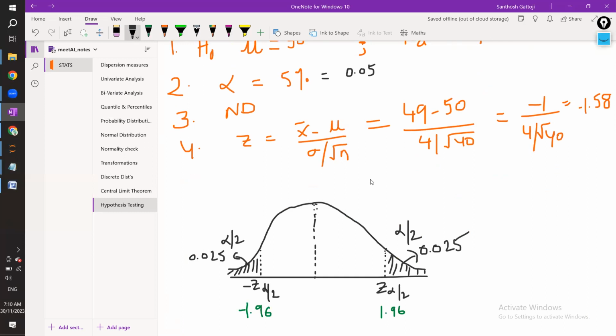Now, from our distribution, if it is a normal distribution, what is the rejection region for this alpha? This will be the rejection region. Now what is our test statistic? Z, and this is minus 1.58. Can you look at this 1.58 and tell me whether this value falls in the rejection region or not?